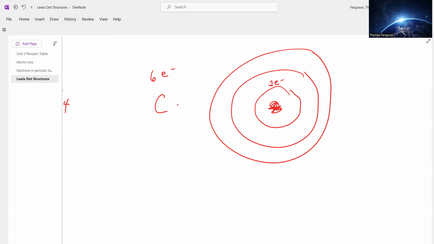And no more than 2 electrons can occupy that inner orbital. Now, how many more electrons are left over? 4, because 2 plus 4 is 6. The next orbital out can hold 8 electrons. So that's where we're going to put the other 4 right here.